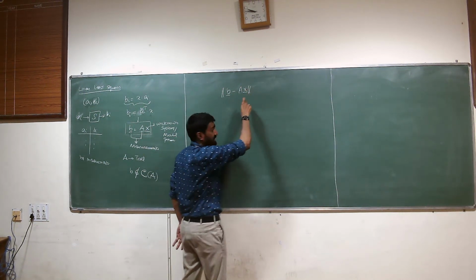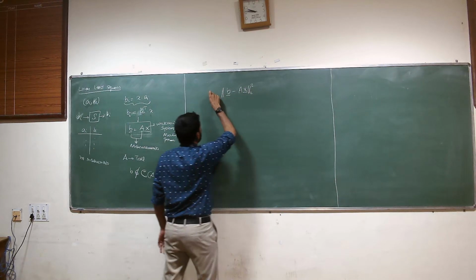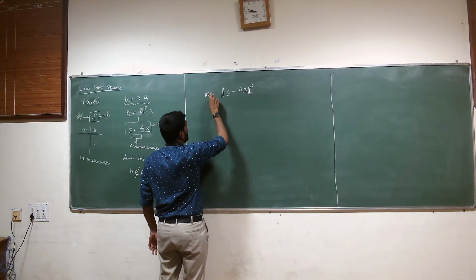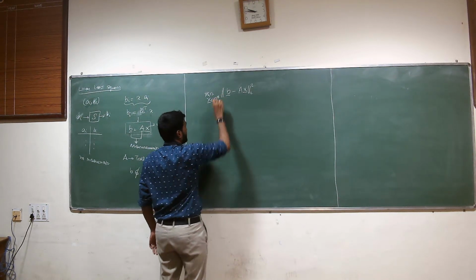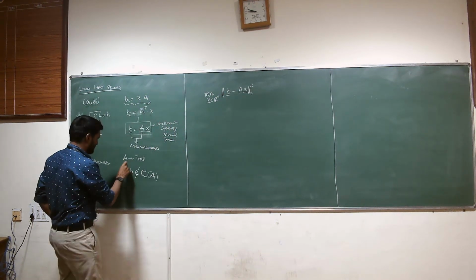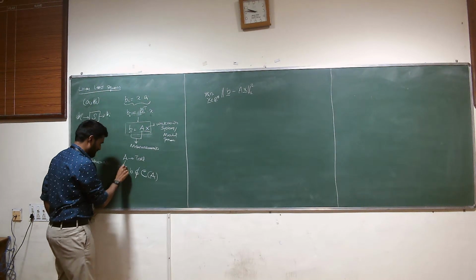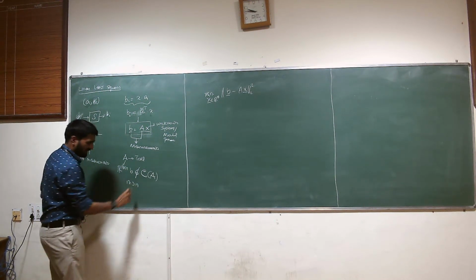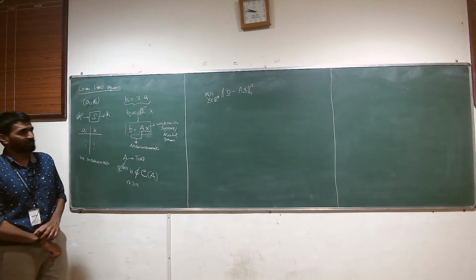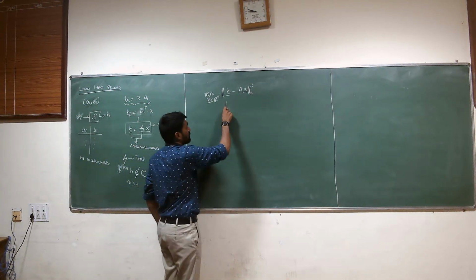Which norm do we take? Well, let's take the second norm. And the problem was minimize this over all possible x in Rn, where A is m cross n, where m is given. Okay. And what is the solution to this problem?